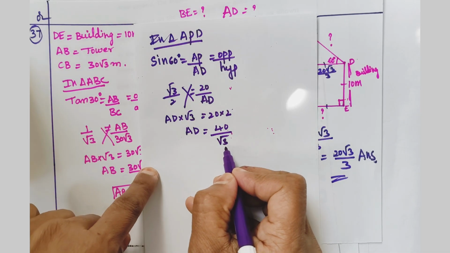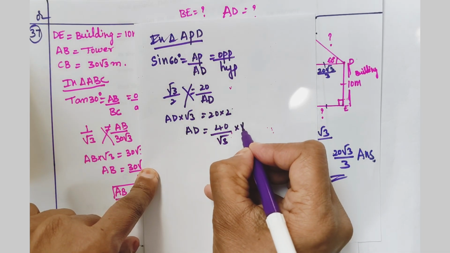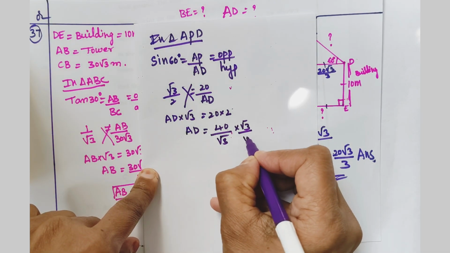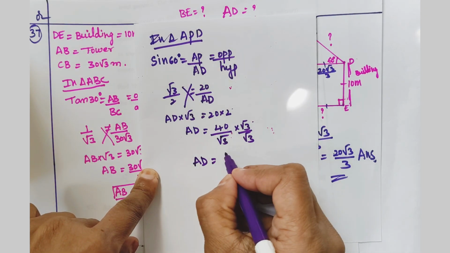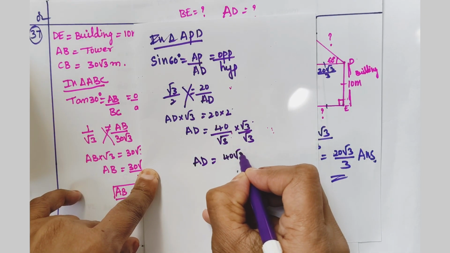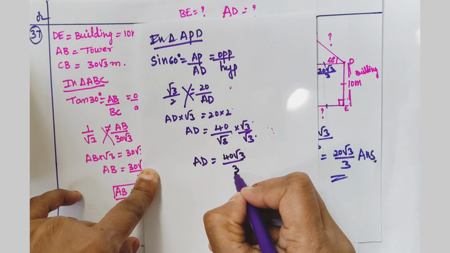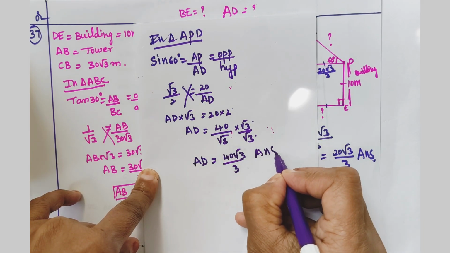Now down root 3 is there, so we will rationalize the denominator, root 3 by root 3. So AD is equal to 40 root 3, and root 3 into root 3 is 3. This is also the second answer.